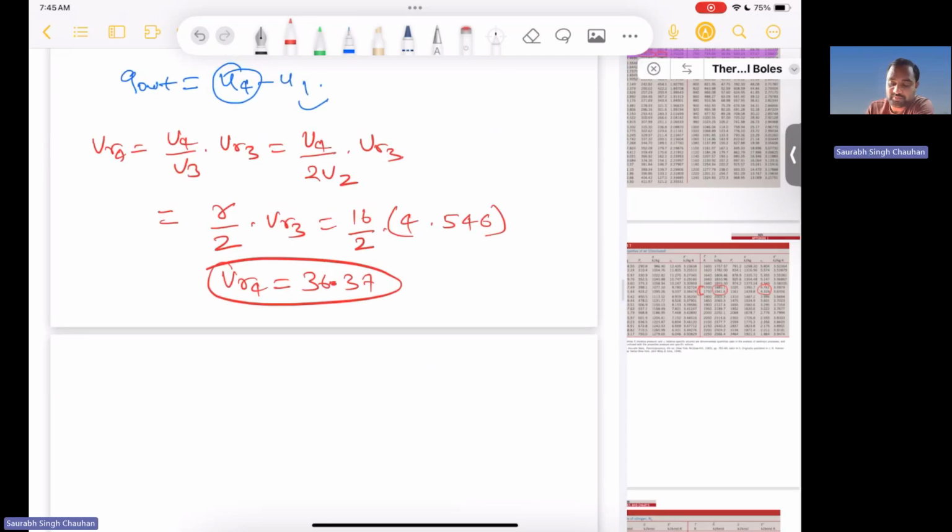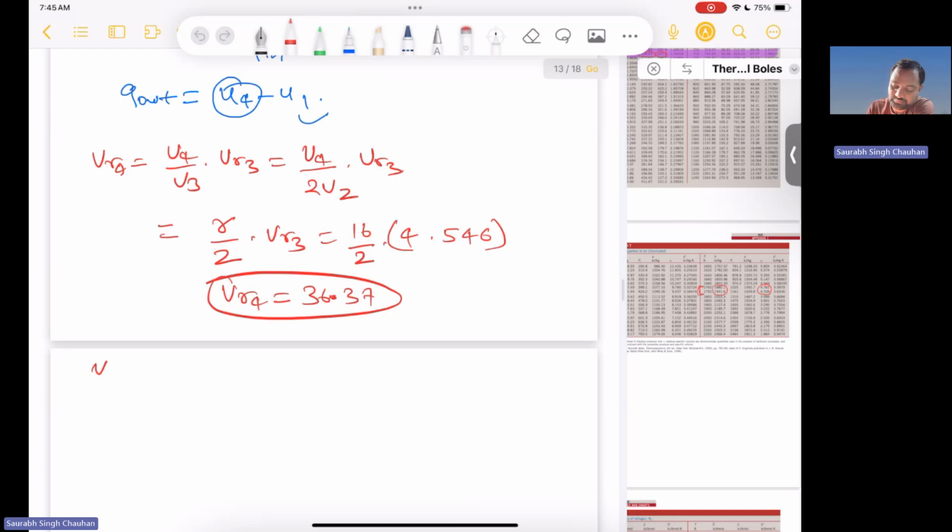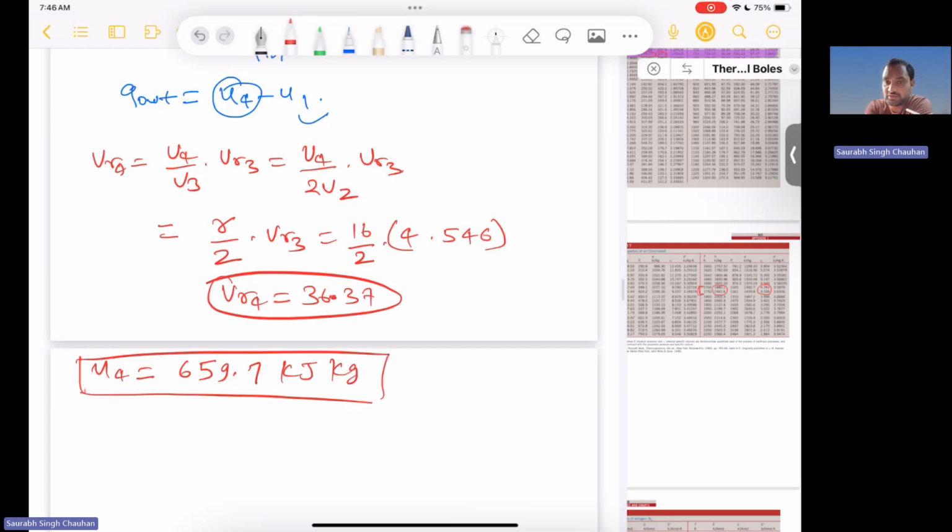Okay, so from here you can calculate U4. U4 will be equal to 651.7 kilojoule per kg. So now you have U4 and you have U1, right? So you can calculate Q out. Q out will be U4 minus U1.